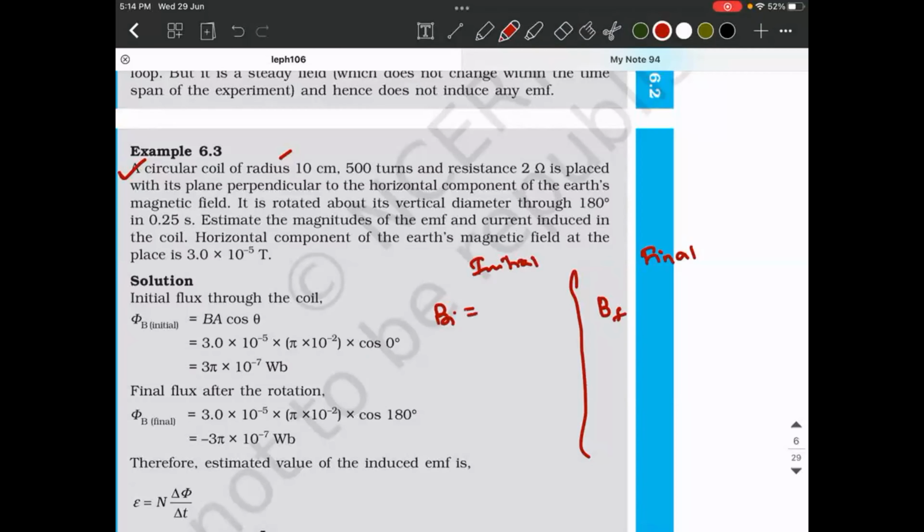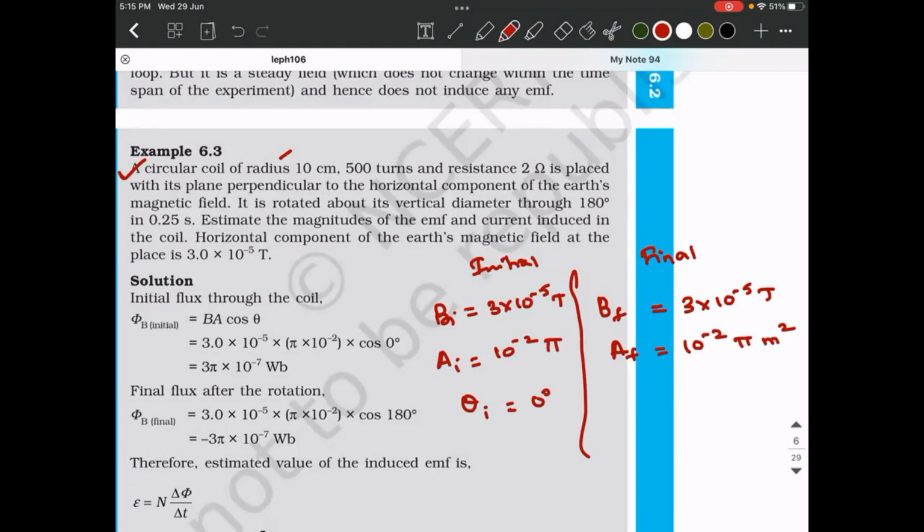What is B initial? 3 into 10 power minus 5 Tesla. B final is 3 into 10 power minus 5 Tesla. What about area initial? 10 power minus 2 pi. What is area final? 10 power minus 2 pi. Both are in meters square. What is theta initial? If you take theta initial to be 0, then theta final will be 180 degrees.